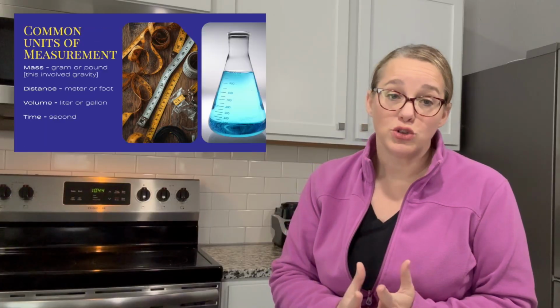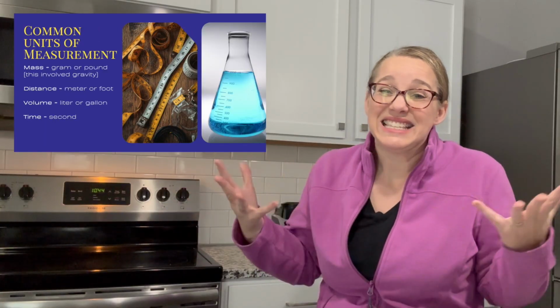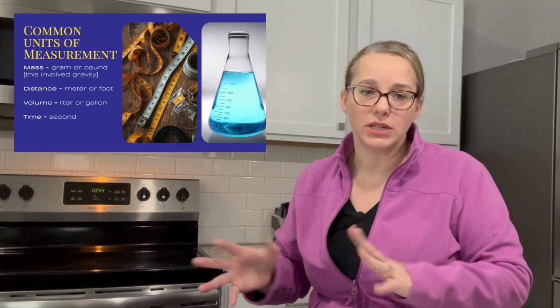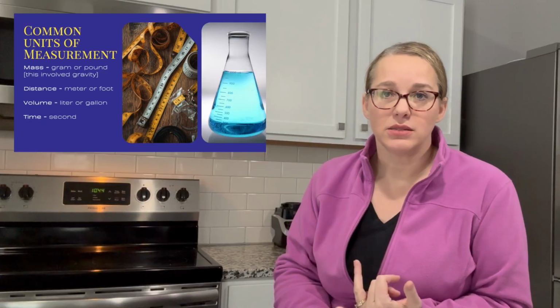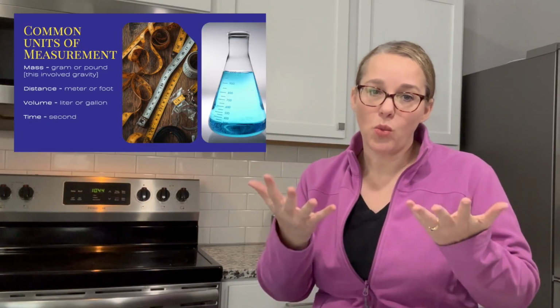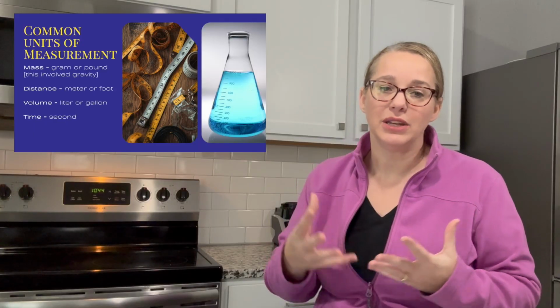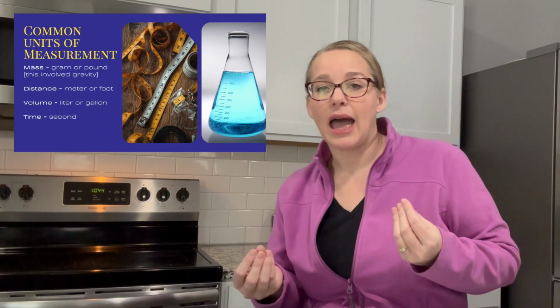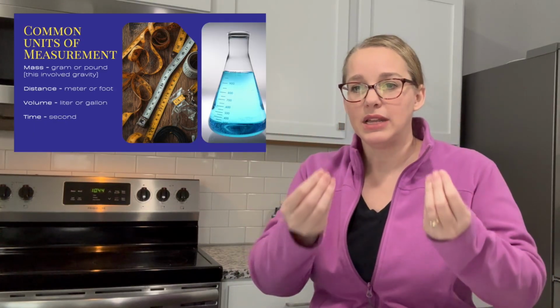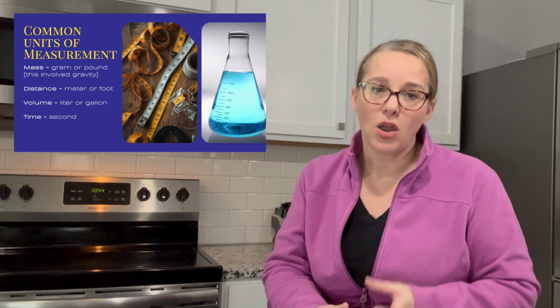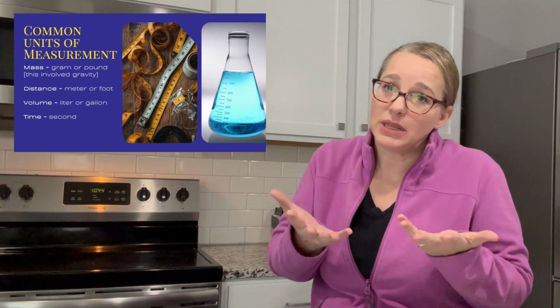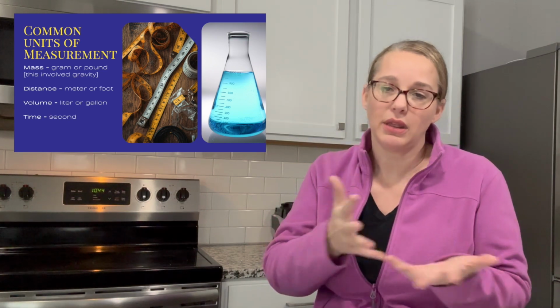Common units of measurement, or things that we might want to find out how much it is, would be mass. So that's how much something weighs, except when we take weights of things and we do it in pounds, that actually measures how much gravity is pulling on something, whereas mass is just how much of something there is.